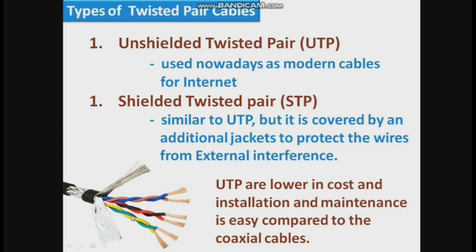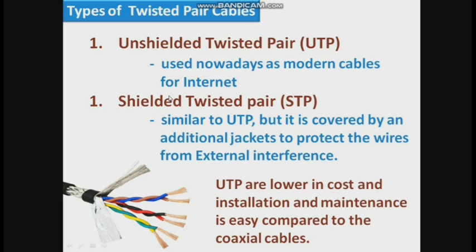This is the example for STP. There are pairs of copper wires. These copper wires are twisted with each other. Again these wires are insulated to avoid external interference and also to avoid noise pollution.